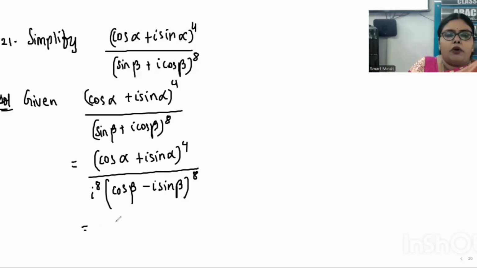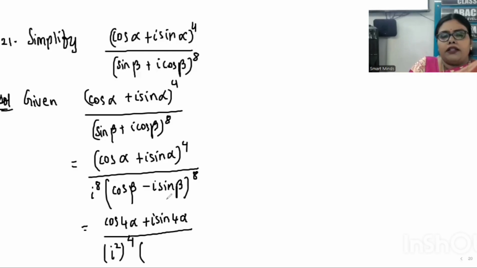Now we apply De Moivre's theorem. So (cos alpha plus i sin alpha) whole power 4 can be written as cos 4 alpha plus i sin 4 alpha. By i power 8, you can write it as (i square) whole power 4 into, again in the bracket in the denominator we can apply De Moivre's theorem.